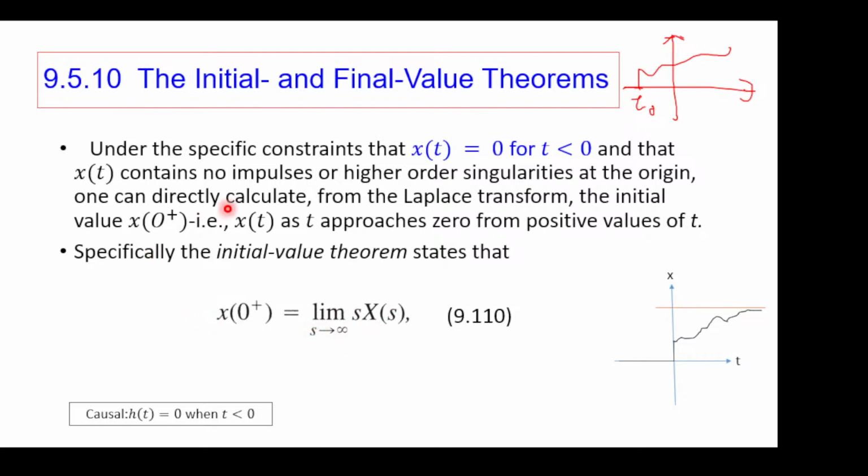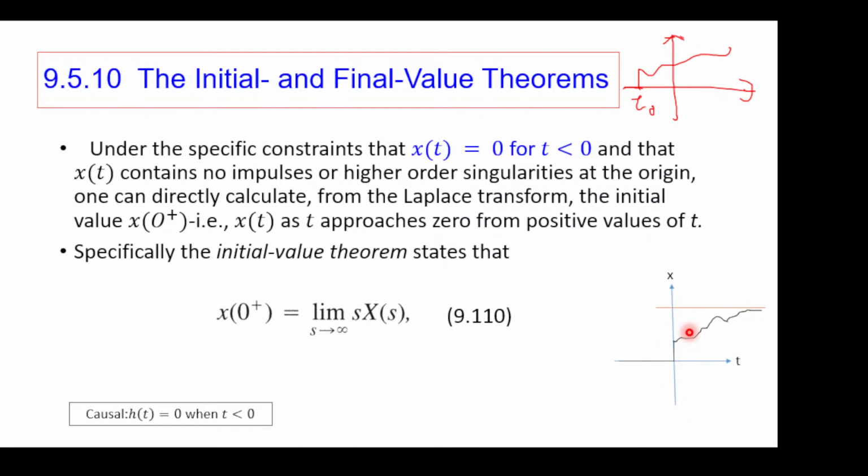The theorem says that if a signal looks like this, it's very important that x of t equals 0 for all t less than 0. And you can have one discontinuity, a jump here, but you don't have anything weirder, so you don't have a delta function, or even worse, a doublet.